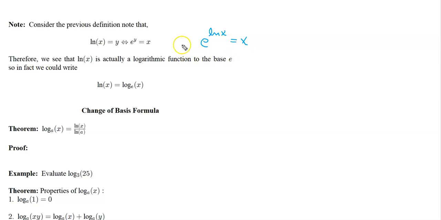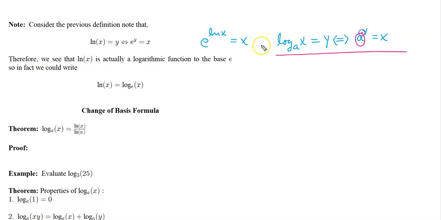So therefore, if we think back to the definition we had up there earlier, this definition right here looks just like this one, with the a right here being the e.